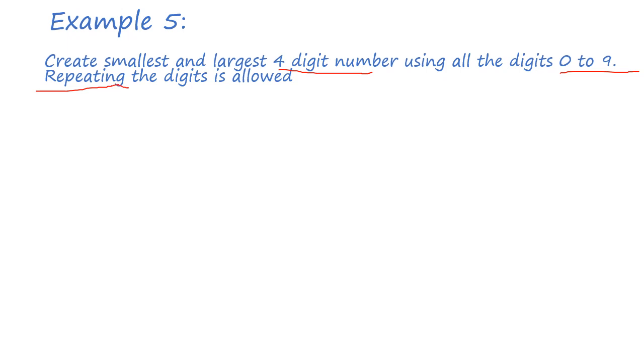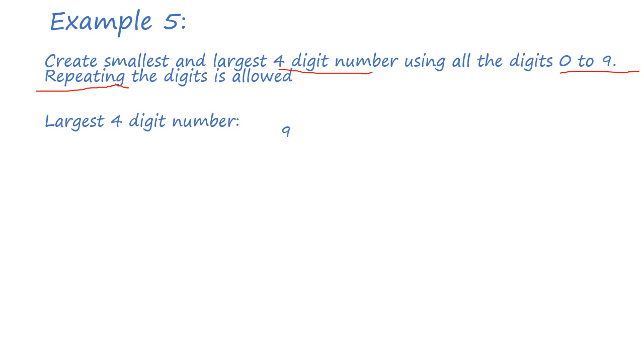So let's start with the largest number as usual. Largest 4-digit number we want to create. So we'll start with the largest digit available, which is 9. So I'll put 9 in thousands place. And should I strike 9? No, because since repetition is allowed, I can use 9 again.